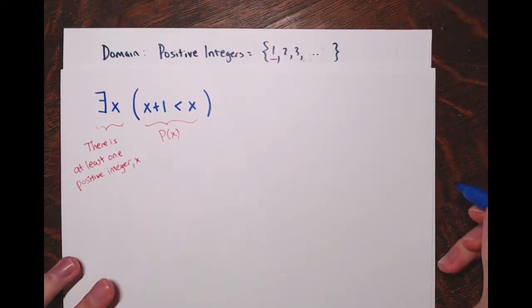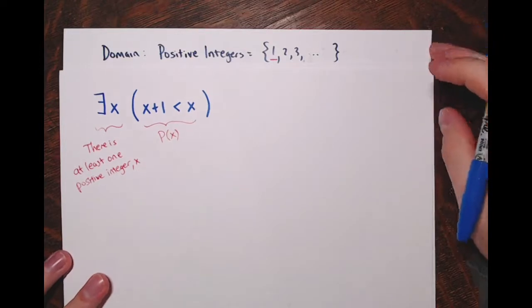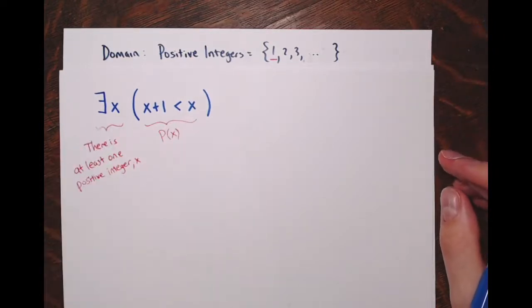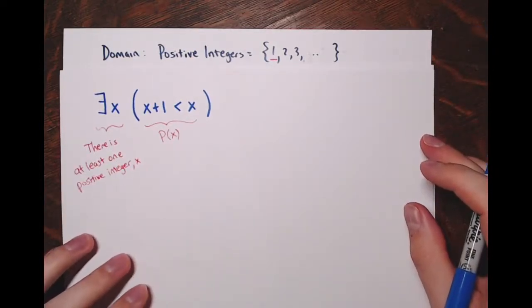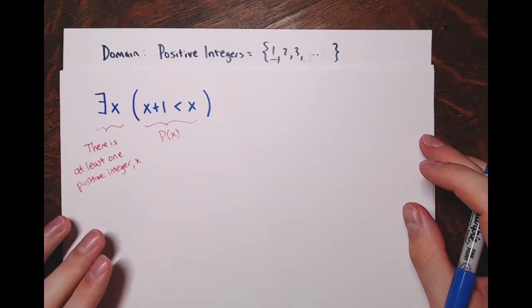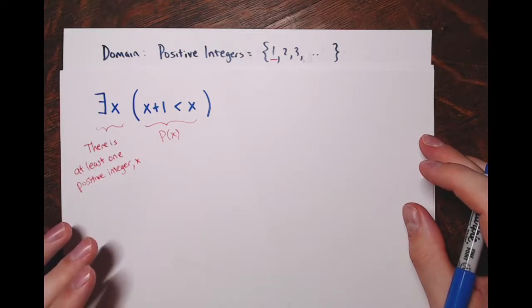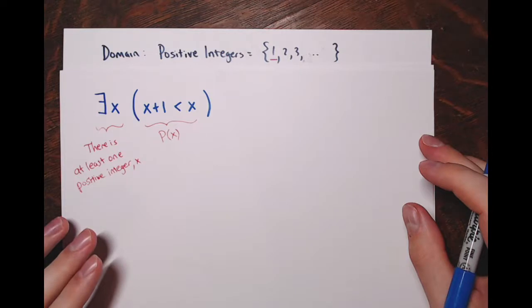Now, I said earlier, to show a statement that's existentially quantified is true, you just need to find one value of the domain that makes the statement true.